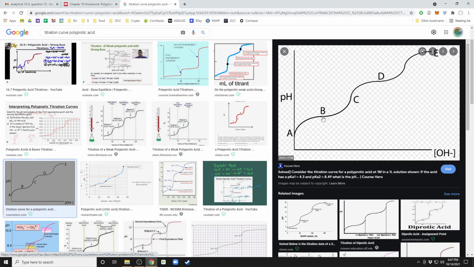What that means is that at this half equivalence point, your pH would equal your pKa. Also, at this point you have an equal amount of acid and base.